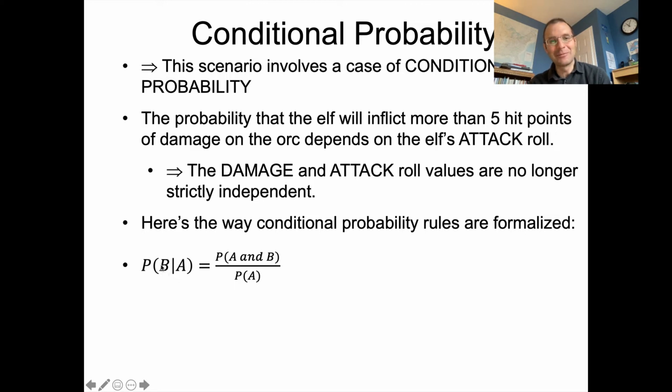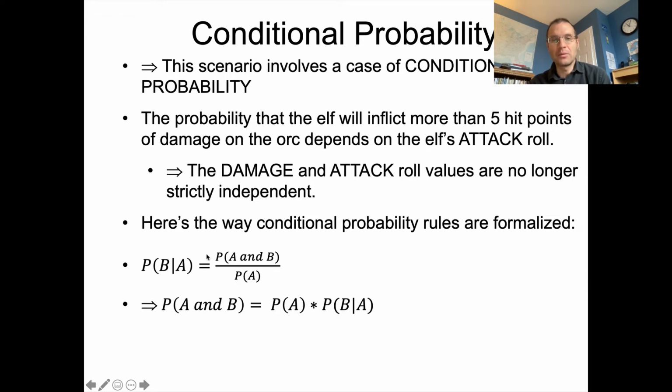Anyways, the probability of B given A equals the probability of A and B occurring together divided by the probability of A. And you can express this in a different way if you multiply both sides by the denominator. You get the probability of A and B equals the probability of A times the probability of B given A.